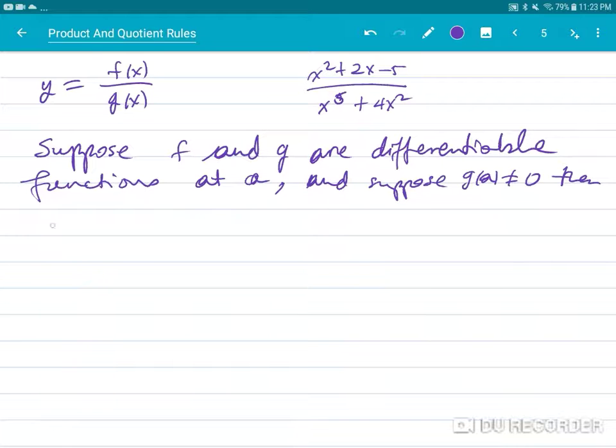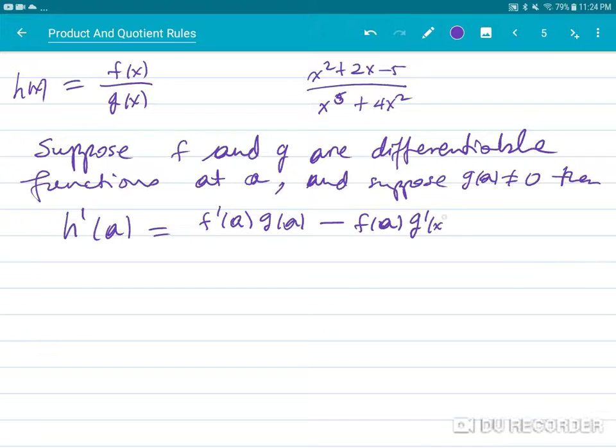Then the derivative of, let's call this h of x, the derivative of h at A can be calculated by taking the derivative of the first times the second at A, minus the first function times the derivative of the second function, divided by g of A quantity squared.